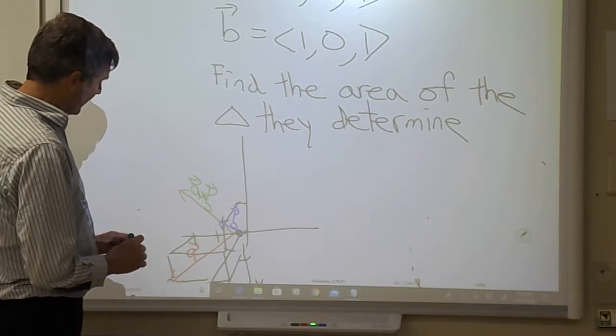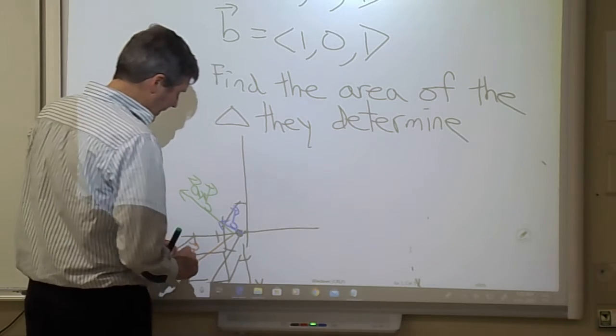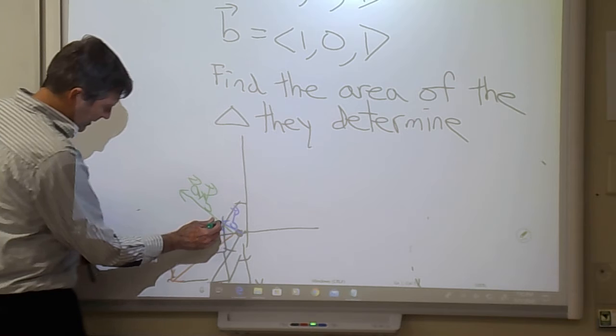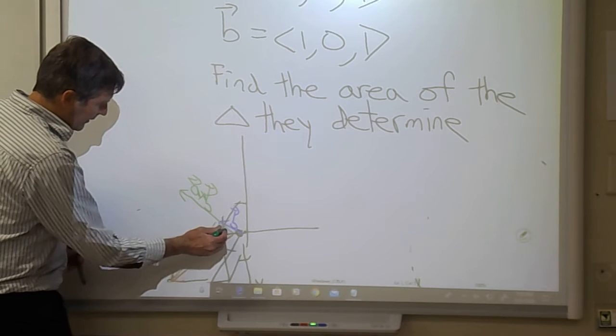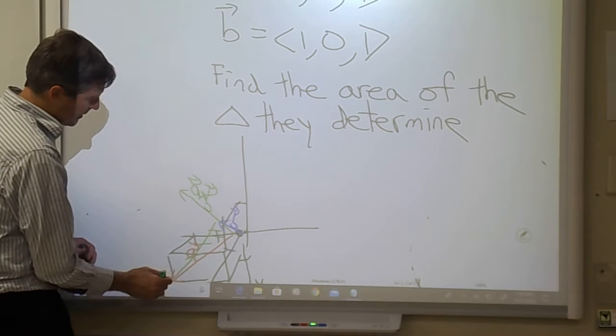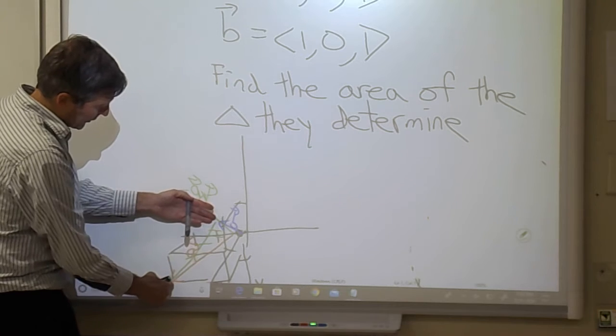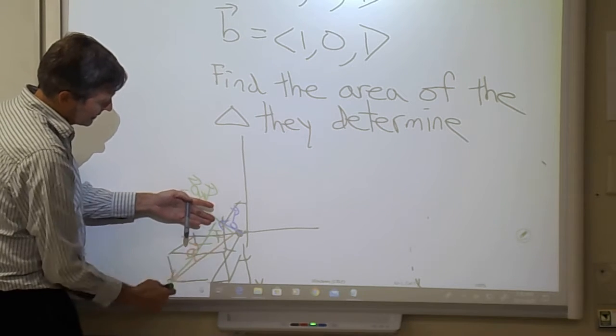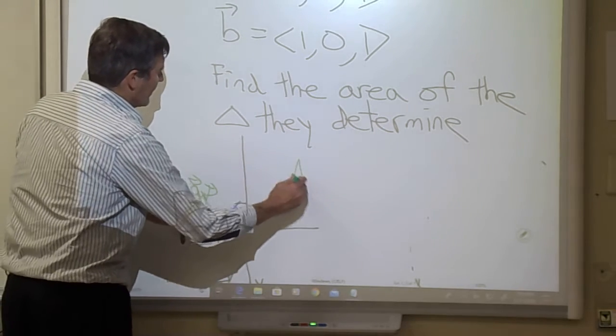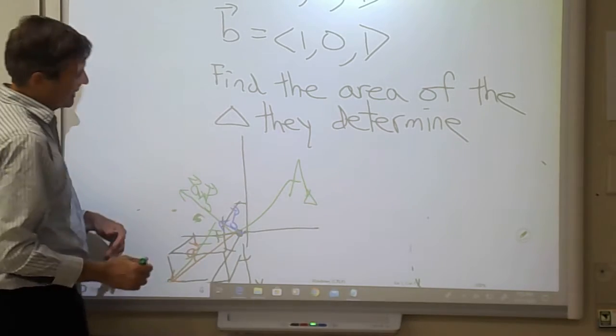But suppose we just wanted to find the area of the triangle that A and B determine. Suppose we wanted to find the area of this triangle right here with A and B for 2 of the 3 sides, and then you connect the endpoints. What is this area here of this triangle determined by A and B?